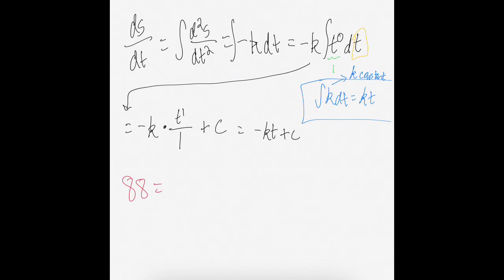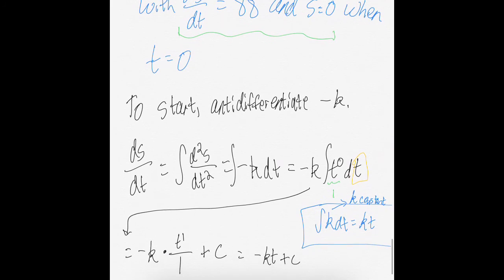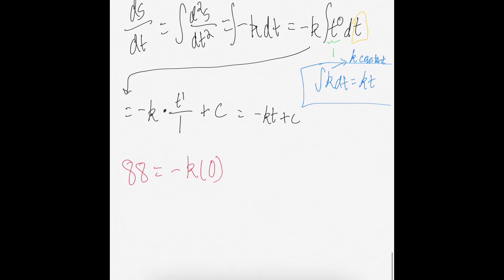Now I have that ds/dt equals negative kt plus c through our string of equations. And I'm told in the problem that ds/dt equals 88 whenever t equals 0. So that means that 88 equals negative k times 0 plus c. Remember, ds/dt is 88 when t is 0.